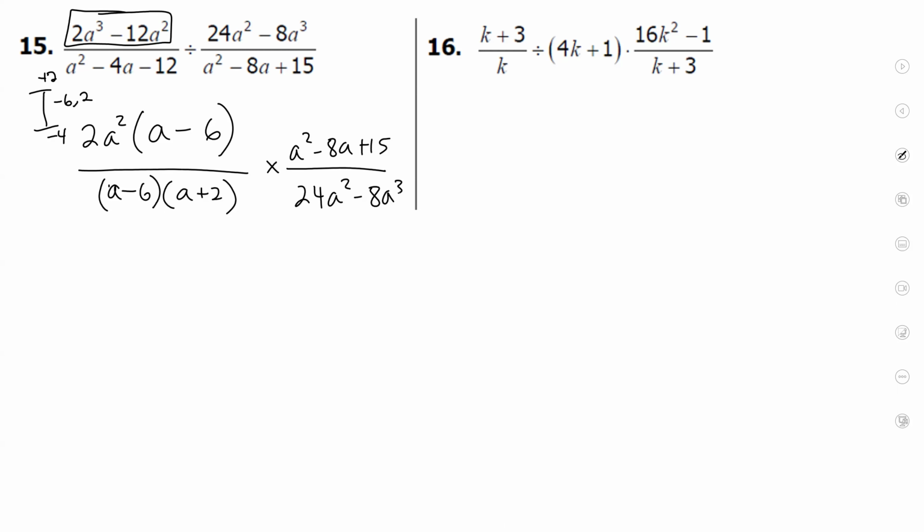Okay, this up here, I need to do an eye chart. I have positive 15 with a -8. What is this, -5, -3? Perfect, so those are my factors. Let's rewrite this to be a minus 5, a minus 3. What can these both be divided by? 8a squared.